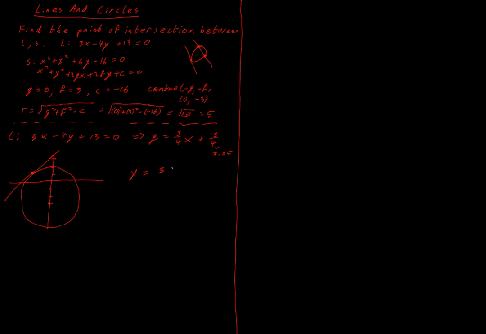So again, for a linear and quadratic simultaneous equation, I rearrange the linear equation so that I can sub it in to the quadratic one. I see that I have a y term here, and I also have a y squared term.